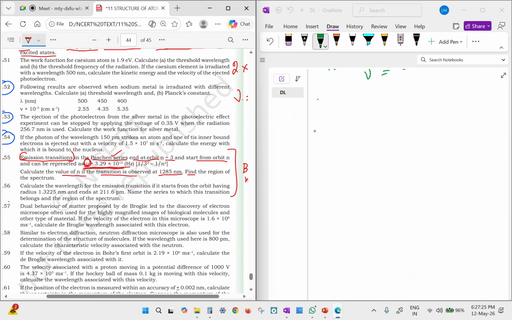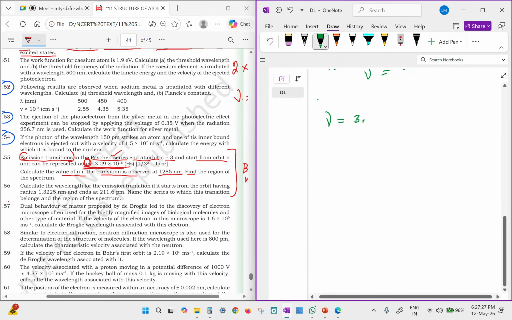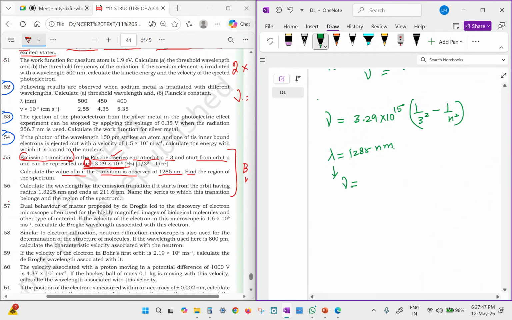So, what are they saying? The frequency equation is given as 3.29 into 10 to the power 15, 1 by 3 square minus 1 by n square, such that they want the wavelength to be 1285 nanometer. If the wavelength is so much, what will be the corresponding frequency? Frequency will be c by lambda.